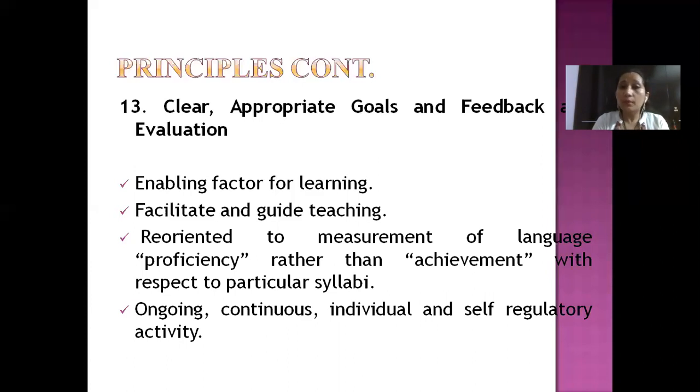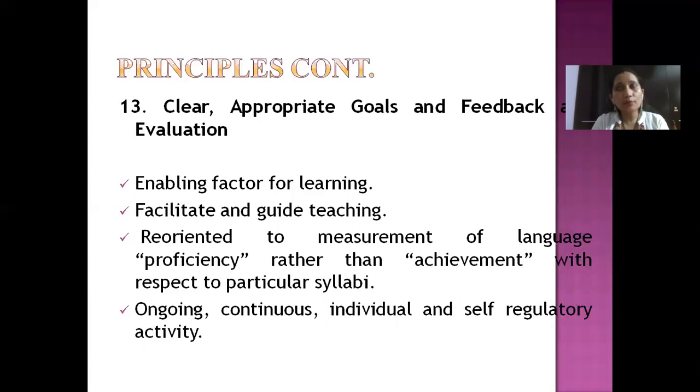But there are two important points to note down here. First is that feedback need not be limited to achievement with respect to a particular syllabus, but must be reoriented to measurement of language proficiency, which is the ability to use the language appropriately in new contexts.